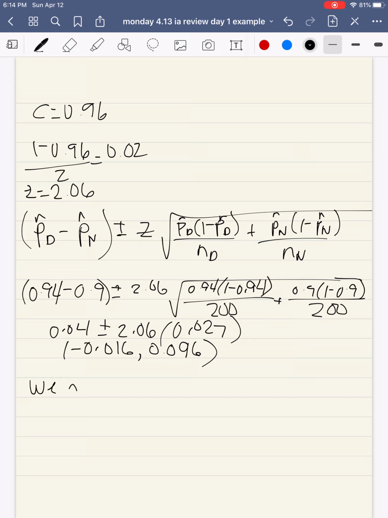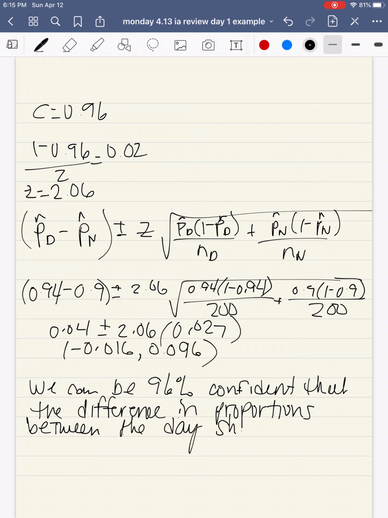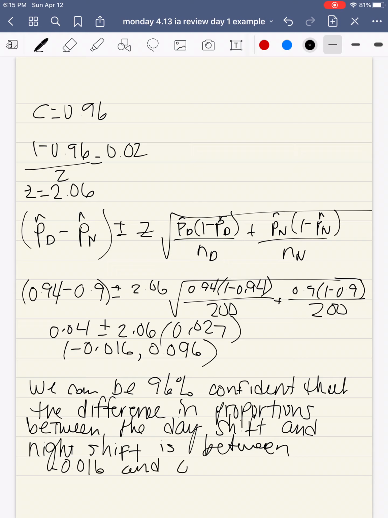So we can be 96% confident that the difference in proportions between the day shift and the night shift is between negative 0.016 and 0.096.